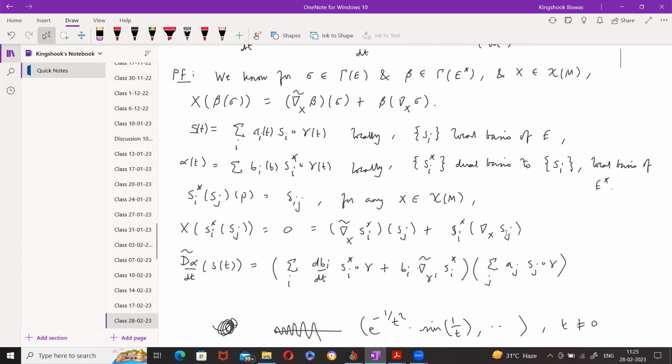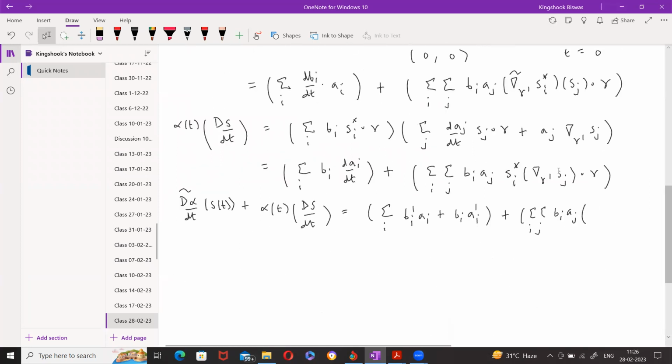So if I take any point P and I take a tangent vector at P, I can always choose a vector field x whose value at P is equal to that tangent vector. So this equation remains true if I replace x by any tangent vector at a point. So in particular, I can take that tangent vector to be gamma prime. That's what I have here. And so then this sum will be 0, right?